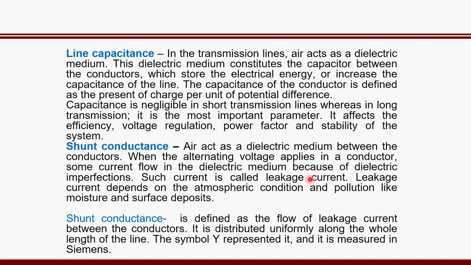So whenever voltage is applied, current flows because of the imperfect dielectric material, and that current is known as leakage current. Leakage current depends upon atmospheric conditions and pollution like moisture and surface deposits. Because of that current, we can say there is a presence of shunt conductance.